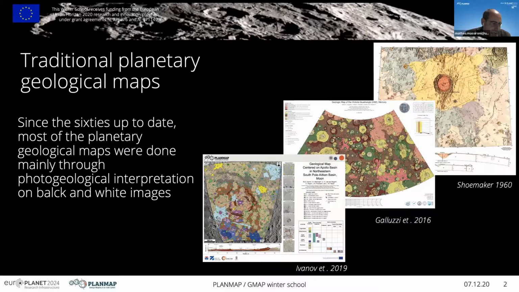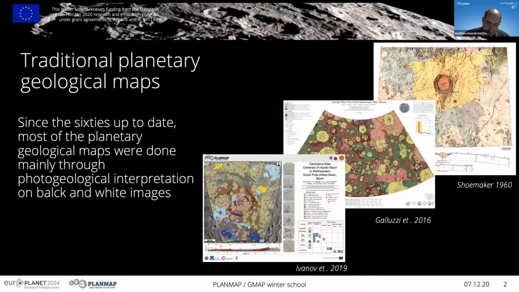As already said during the base course by Monica, it is clear that we should improve these maps a bit to make them look more similar to the geological maps on Earth.